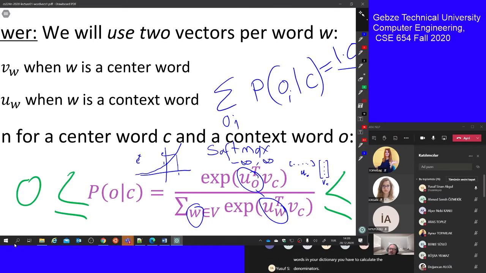The denominator is expensive because we are talking about 40,000 words. So negative sampling says, don't calculate all this, just pick, let's say, 30, 40, 50 random words, calculate this on those negative words, and then make this division. So instead of running this against all the words in my dictionary, I am just running this against maybe 1% of all the words. This will make it 100 times faster.